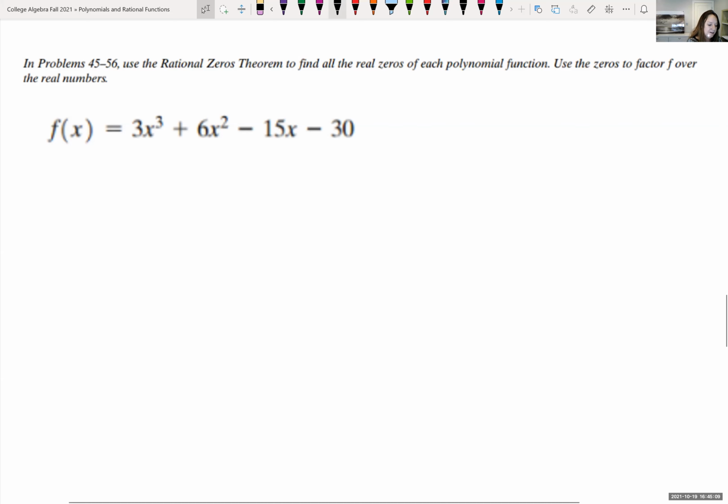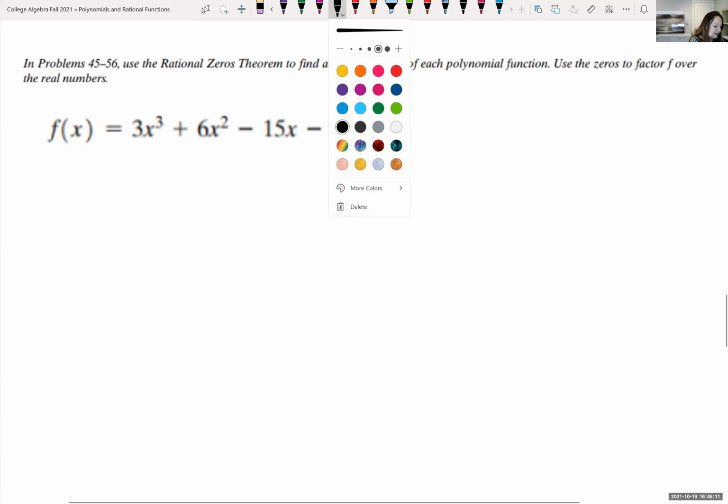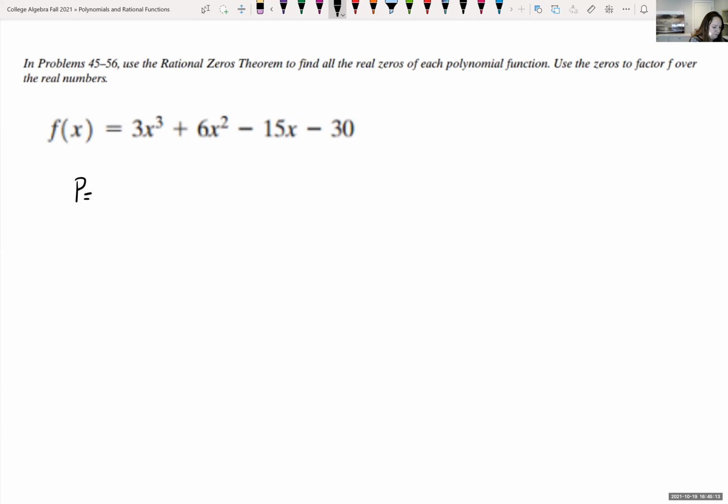So p is equal to factors of our constant, which in our case is negative 30. So numbers that go evenly into 30.